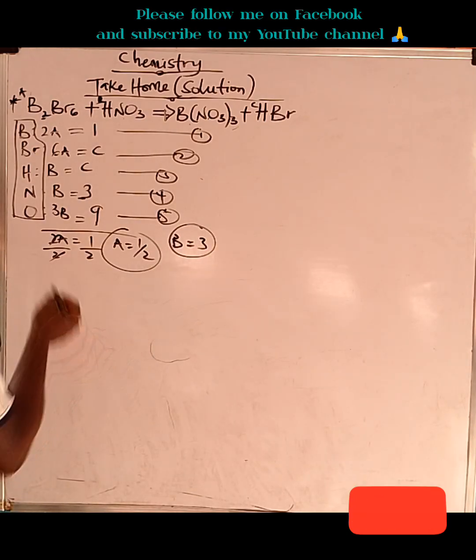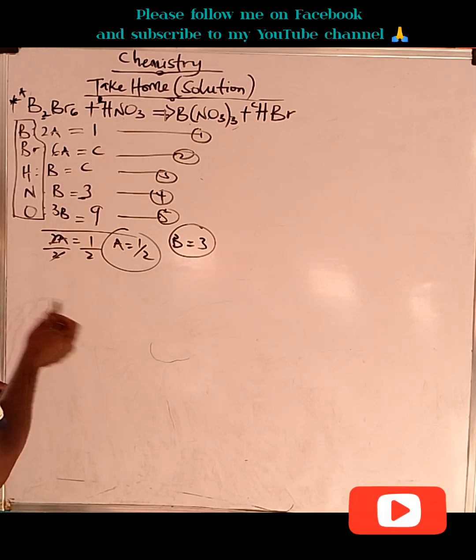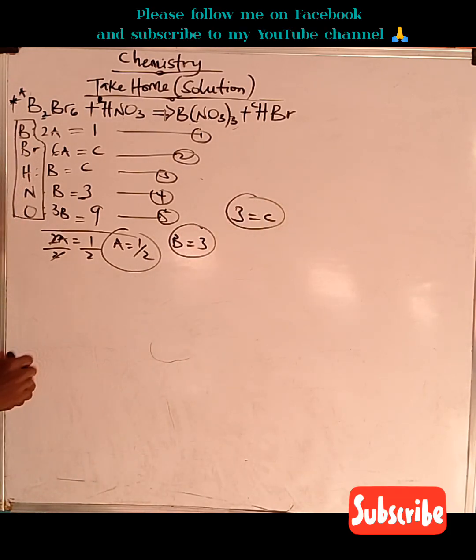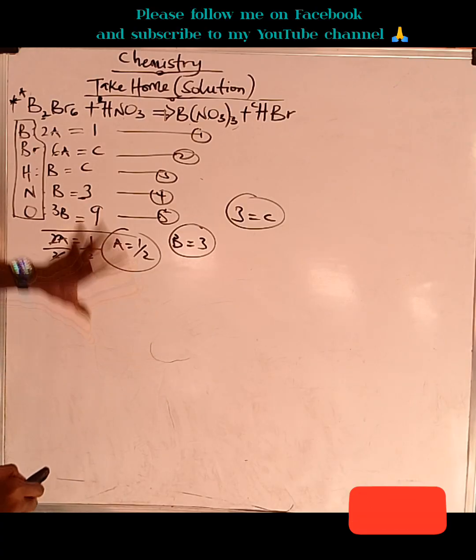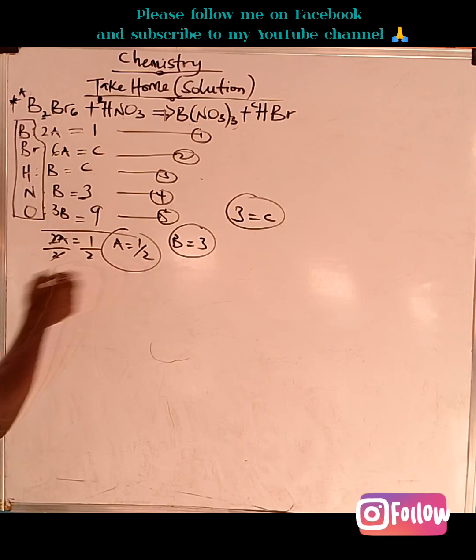So how do we get our C? If B is 3, it means, as you can see, B is equal to C. So what does that mean? It means 3 equals C. So C also is 3. So what do we do? We're going to fix all this into the equation. So what do we have? First of all, A. A is 1 over 2.